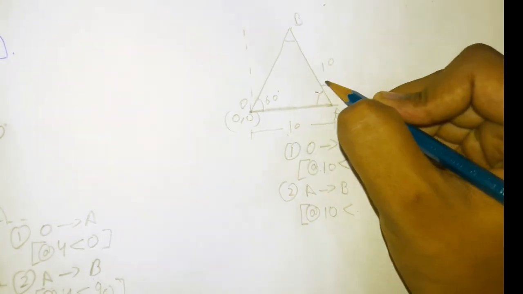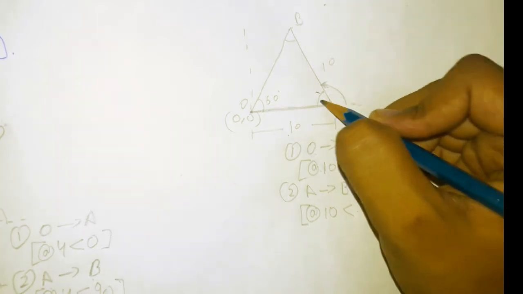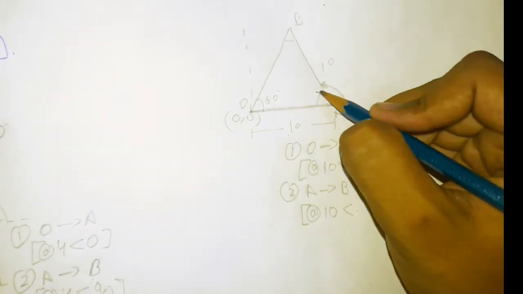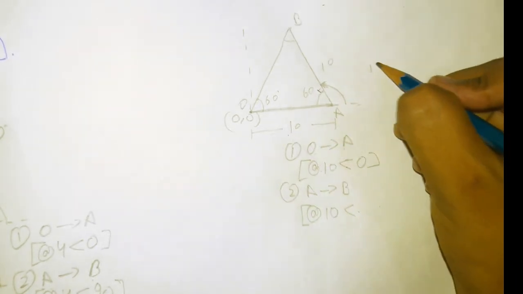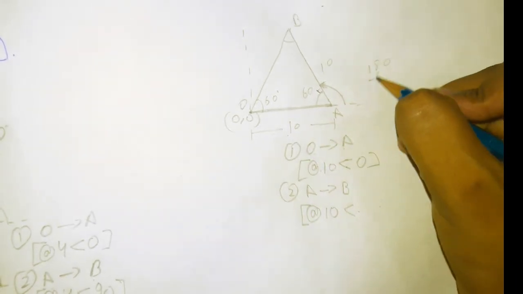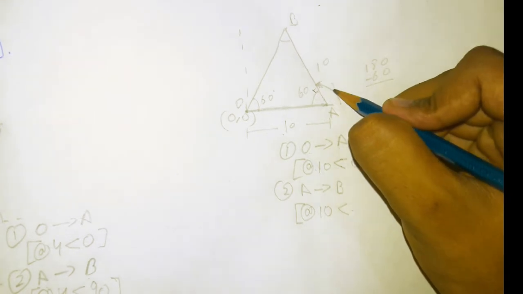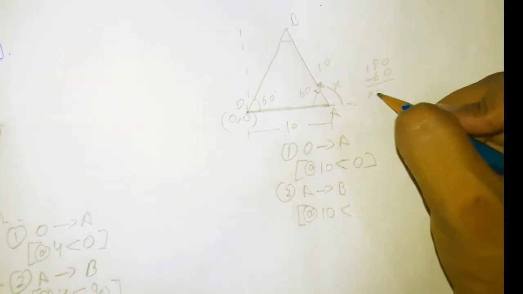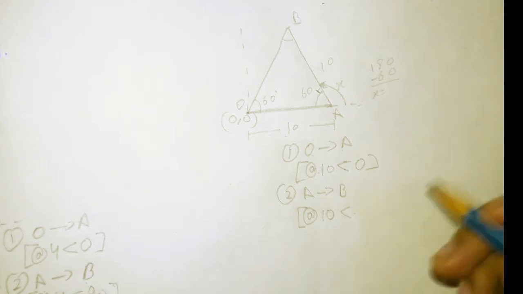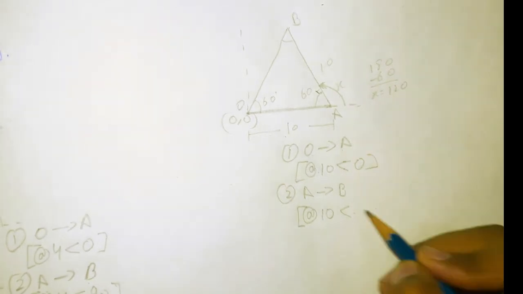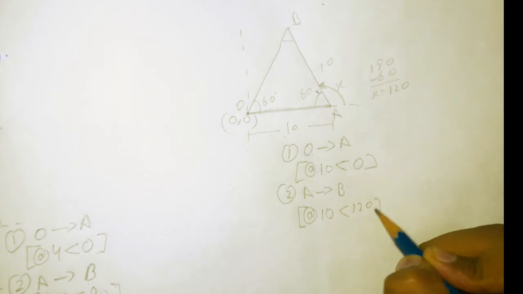Since this, by using linear pair, we can find the 60, then 180 minus 60, we get the angle x, this is 120.